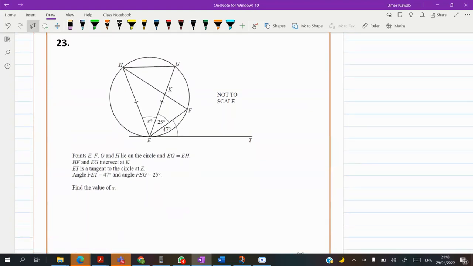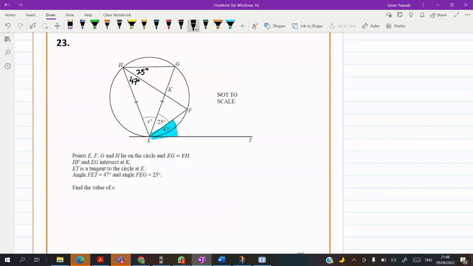Next, we can see easily in the question there is an isosceles triangle. We want to find the value of x. First, check which property can be used here. He has given the angle between the chord and the tangent. It is 47. So I will write it here also 47. Then he gave you 25. This should be also 25, angle in the same segment.